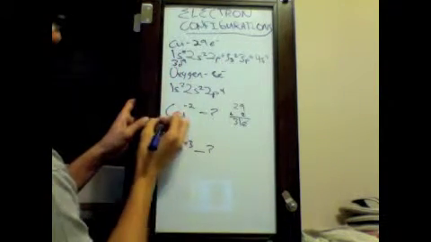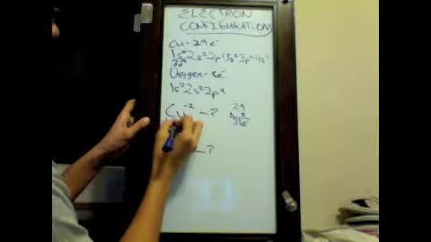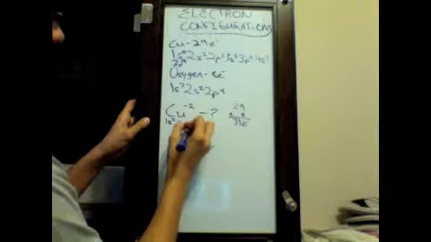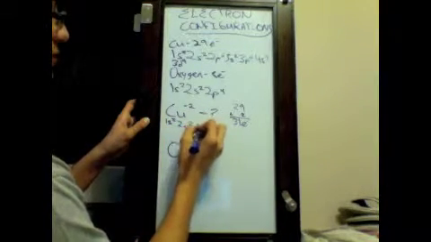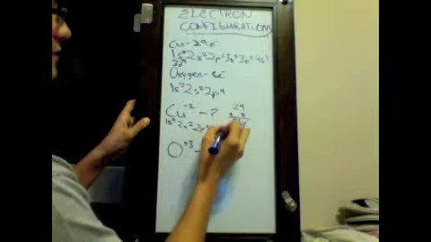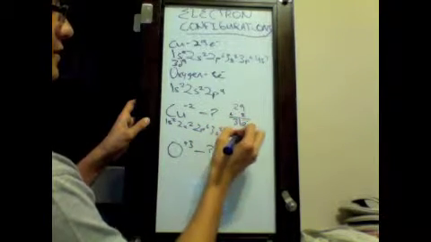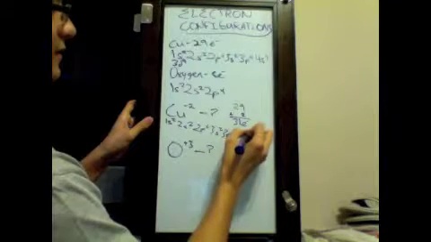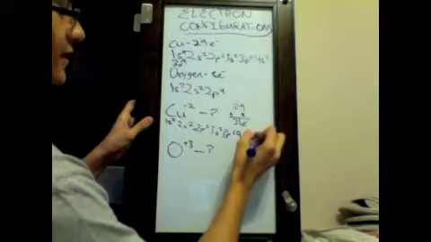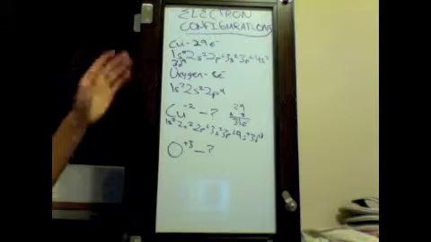Let's just copy that really quick. 1s2, 2s2, 2p6, 3s2, 3p6, 4s2, 3d10 now because there's a whole 30.